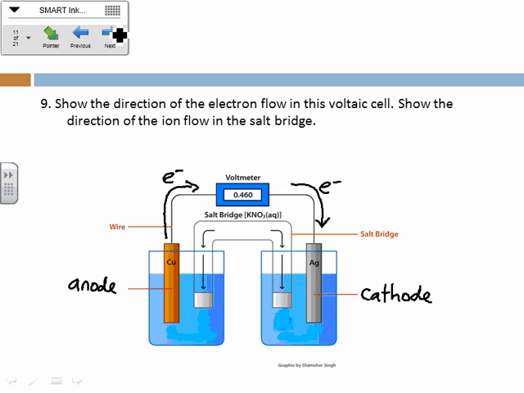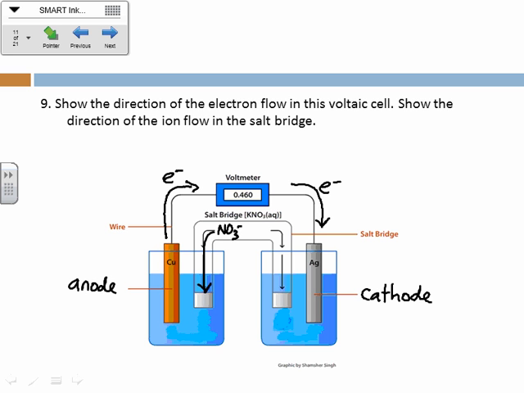And then we also want to show the direction of the ion flow in the salt bridge. So now that we're thinking about the direction the electrons are going to flow, if we didn't have a salt bridge in there, as the electrons are leaving the anode, this would have a tendency to become a little bit more positive. So in order to counteract that, the NO3 minus, the anion in KNO3, must be traveling into this cell to neutralize it.